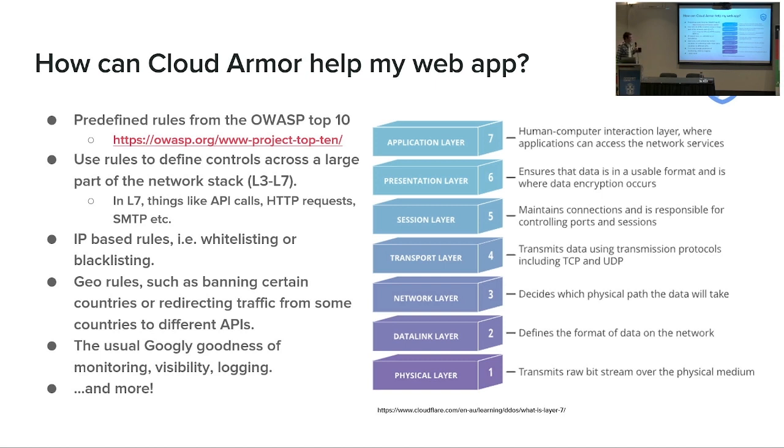Going down the stack a bit, there's IP-based rules that you can set up, and they are for whitelisting and blacklisting. So an example might be if you want to build an internal service just for your company, but you want to deploy it onto Google Cloud, but you only want your company to be able to access it. There's a multitude of ways to do this, and one of them is with Cloud Armor. And you can say, okay, well, no one can access my app except the IPs based on the whitelist that I've got set up.